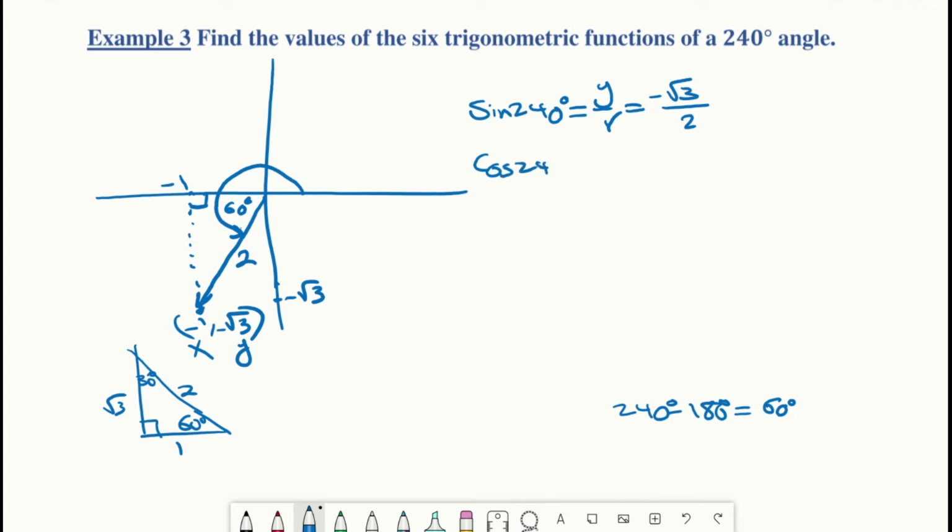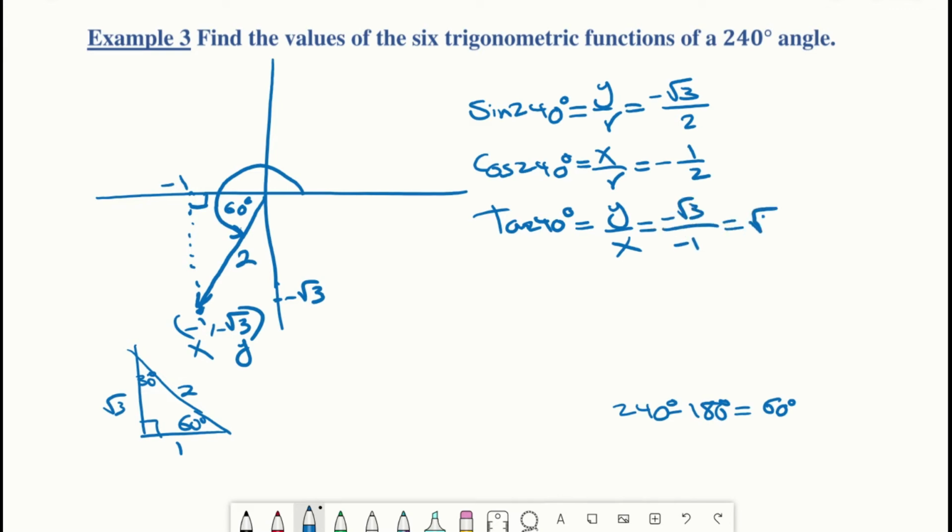Cosine of 240 will be x over r, and x is -1, so -1/2. The tangent of 240 is going to be y over x, which is negative square root of 3 over -1, which is just going to be square root of 3. And then of course for the other three we just take the reciprocal of these as we already saw.